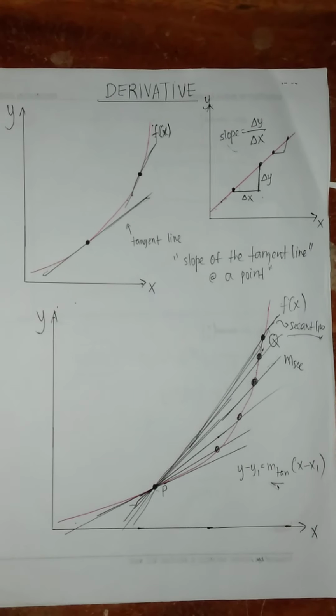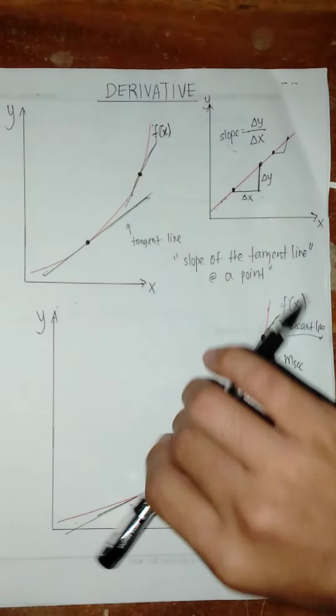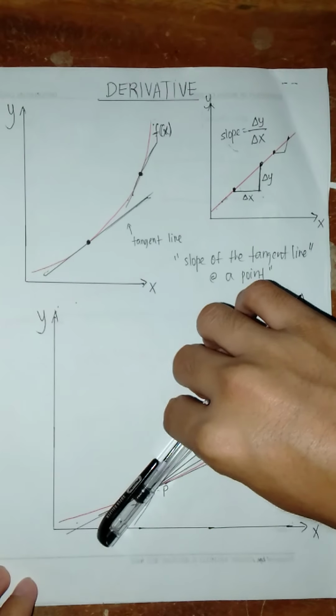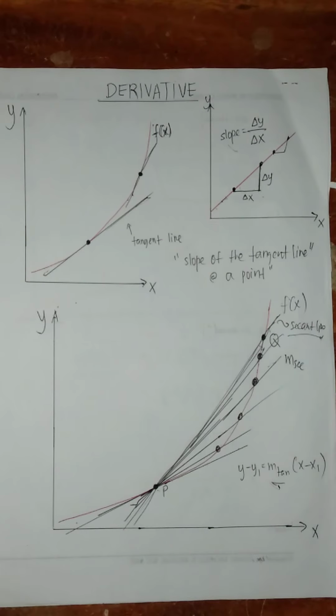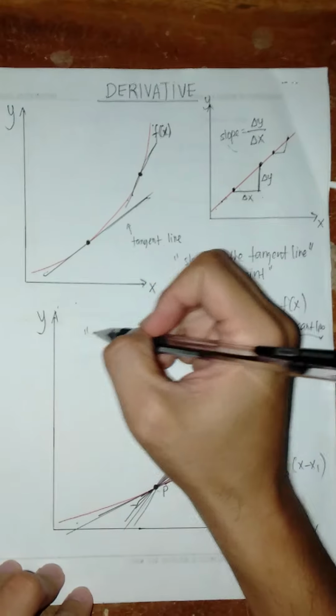So, that's what you call your derivative. As you move your secant line, unti-unti until ma-reach na yung point P. Ayun yung concept on how to get a derivative. Pero, sabi ni Newton, what if gusto kong malaman yung point instantaneously, or ang tinatawag nating the rate of change.